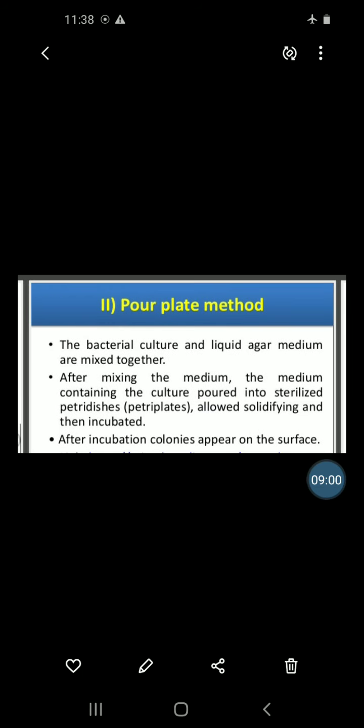Then next, that is the pour plate method. In this method the bacterial culture and liquid agar medium are mixed together.